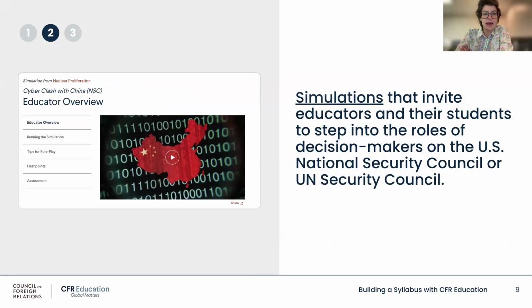We believe that simulations help students develop critical thinking skills, persuasive speaking and writing skills, and collaboration skills while giving them hands-on experience grappling with the challenges associated with addressing today's most pressing global issues. And importantly, these simulations support the development of productive civil discourse in the classroom, something that students are in pretty desperate need of.